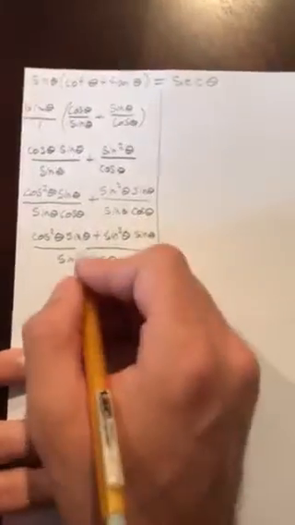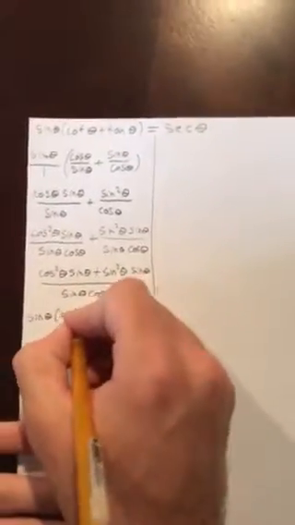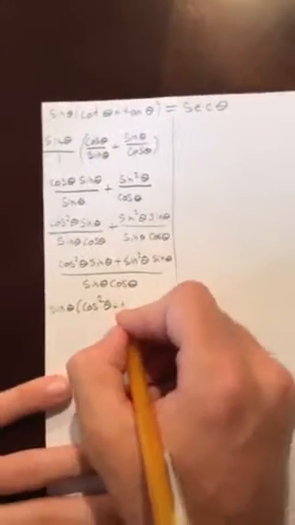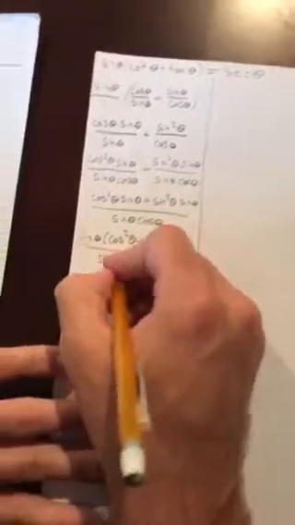So in the top we see the GCF is sine theta. So sine theta outside of cos squared theta plus sine squared theta over sine theta cos theta.